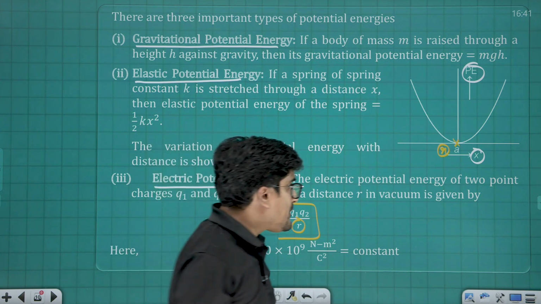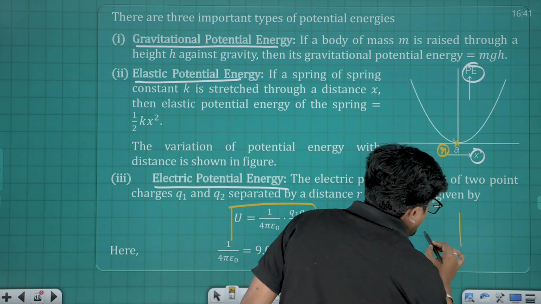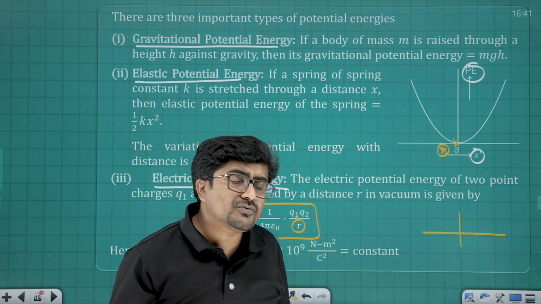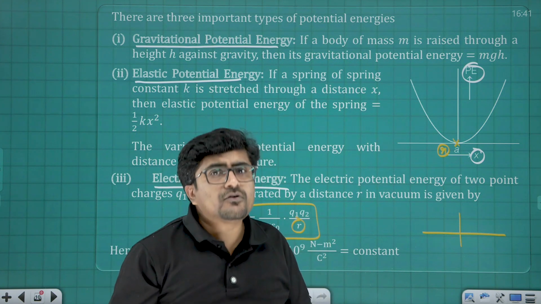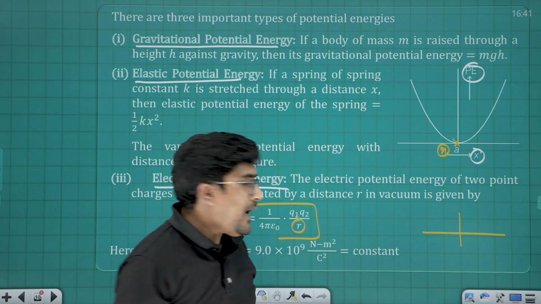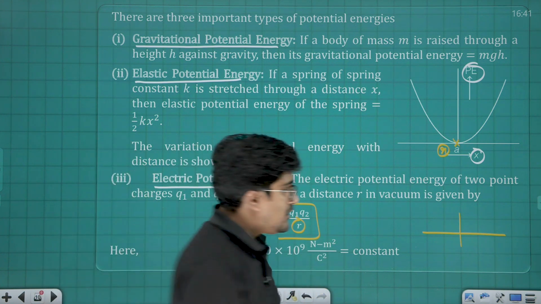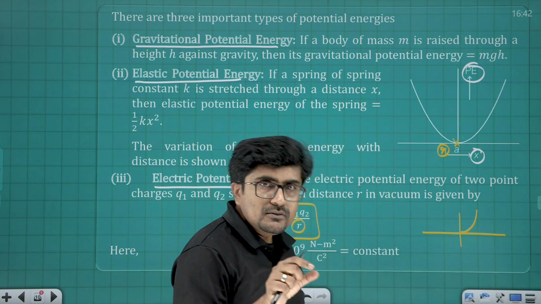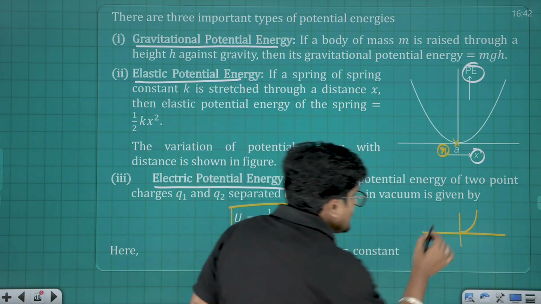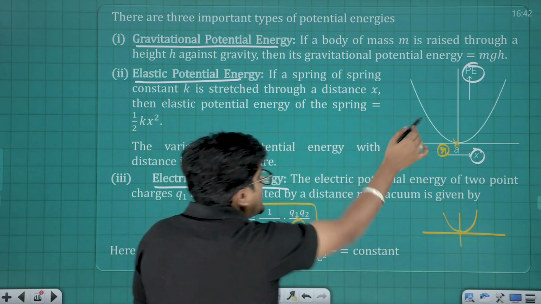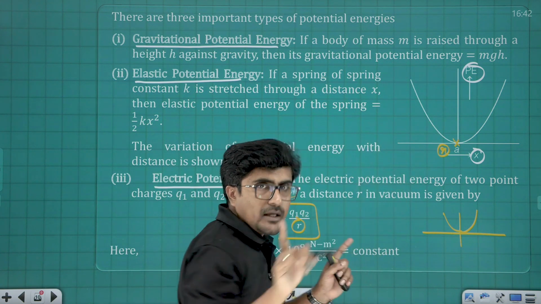That means if the spring has its natural length, the extension of the spring is 0, and at that time the potential energy is 0. If the spring is stretched, the potential energy will increase. And if the spring is compressed, we take the extension as negative. So I can never say that this particular graph is for electrostatic potential energy.